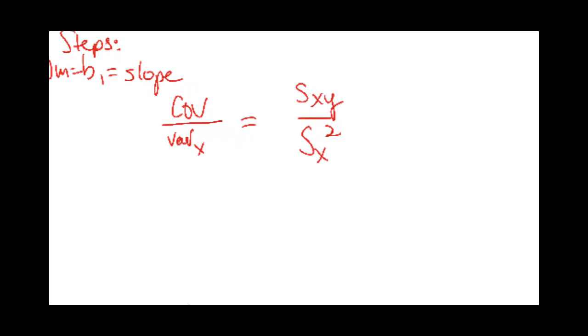After you find the slope of your line, what you're going to do is find the y-intercept. In other words, you're going to find either b0 or b, whatever you want to call it.